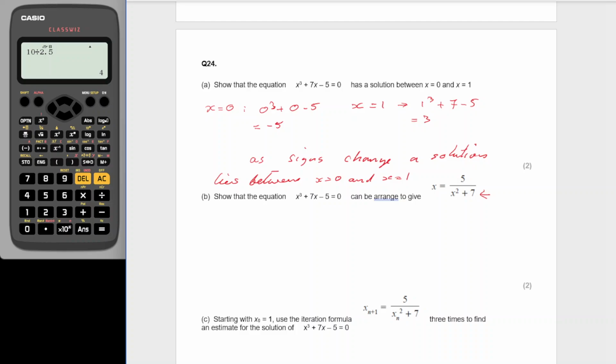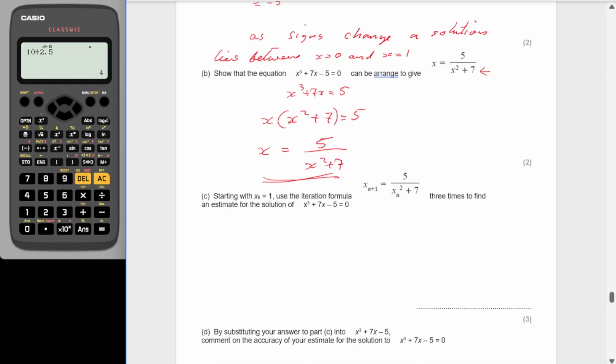So I'm going to move the 5 over to the other side to get x cubed plus 7x is equal to 5. I'm then going to factorize this to say x times x squared plus 7 is equal to 5. I'm then going to divide by this bracket, so x is equal to 5 divided by x squared plus 7, which is what we're asked to show.